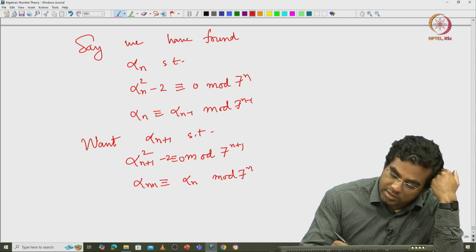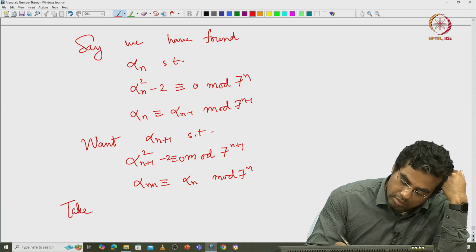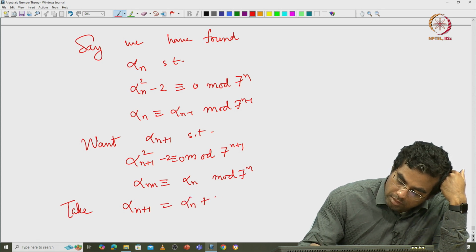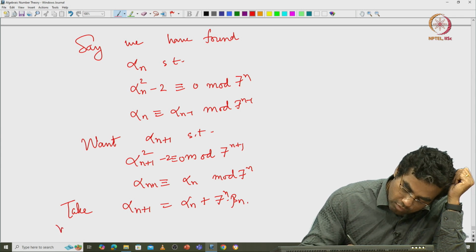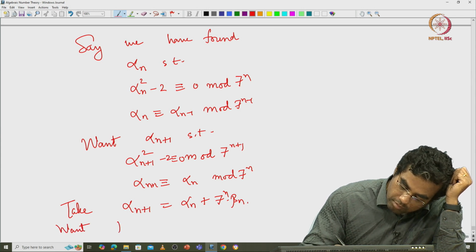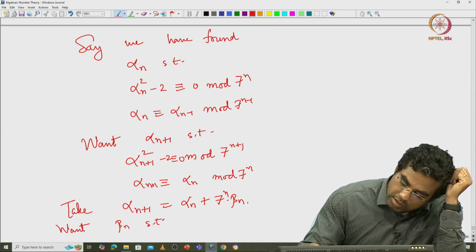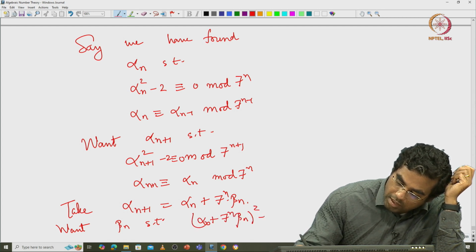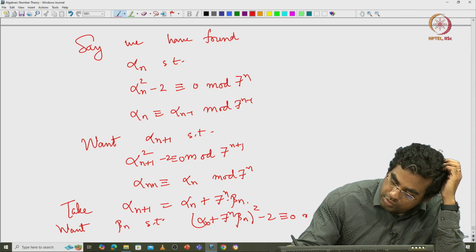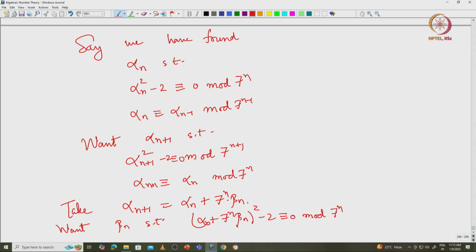So, again we use the same strategy. We take alpha n plus 1 to be alpha n plus 7 to the n times beta n. So, we want beta n such that alpha n plus 7 to the n beta n squared minus 2 is congruent to 0 mod 7 to the n plus 1. We just play the same game again.